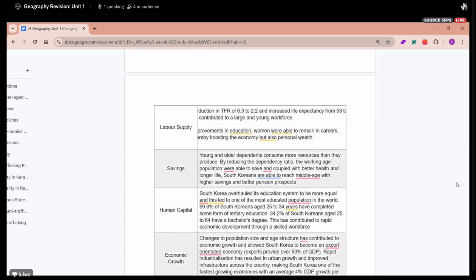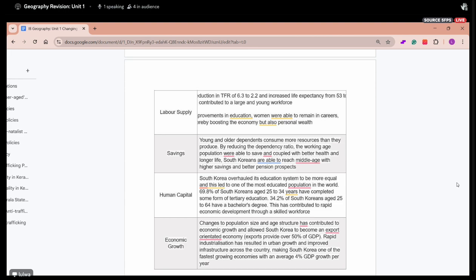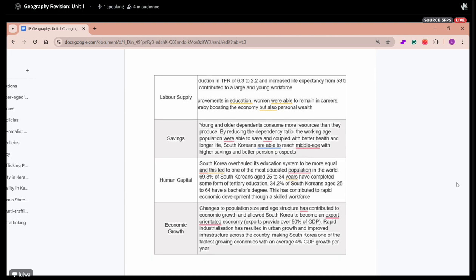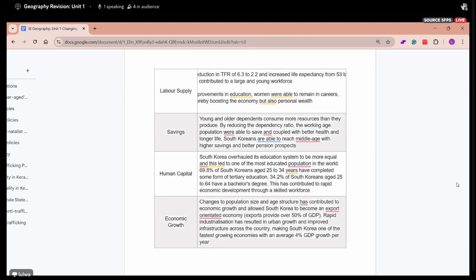So you have labor supply, savings, human capital, and economic growth. So for example, for human capital, South Korea overhauled its education system to be more equal, and this led to one of the most educated populations in the world. 69.8% of South Koreans aged 25 to 34 have completed some form of tertiary education.